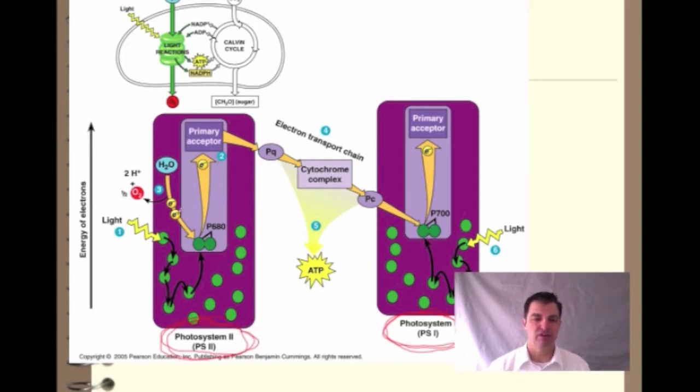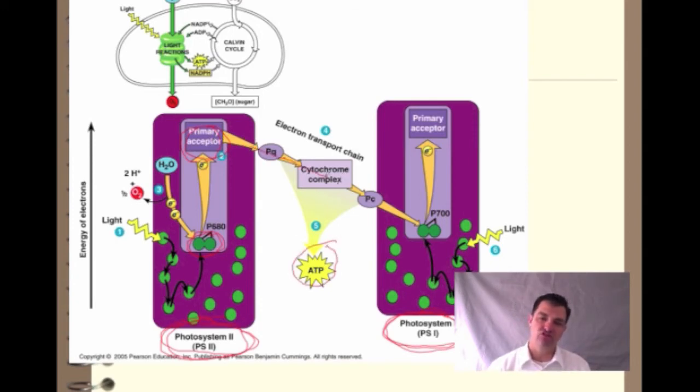So what happens here is the light energy transfers through the molecule to your special chlorophyll molecules, and then that energy transfers to your primary electron acceptor, correct? And then we're going to transfer that energy from protein to protein to protein, and as we do that, we're going to give off a little bit of ATP.